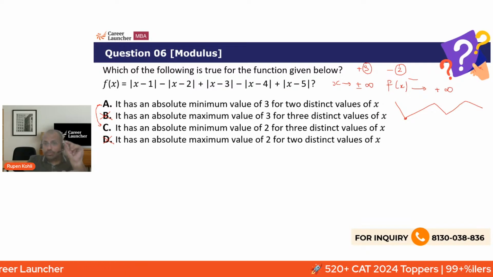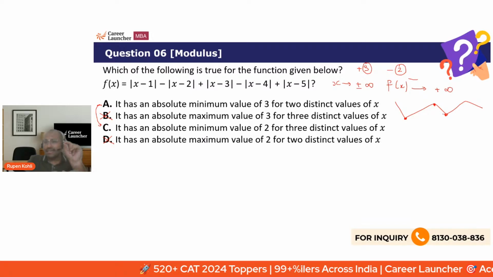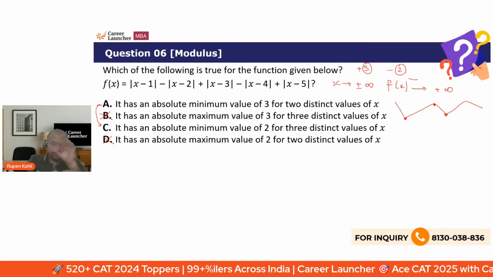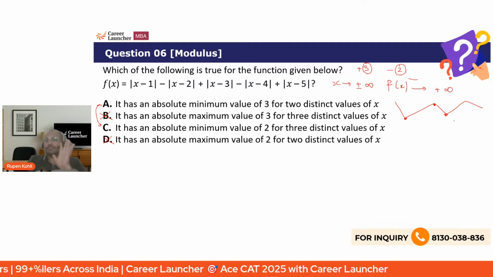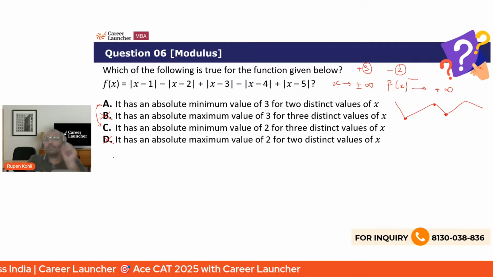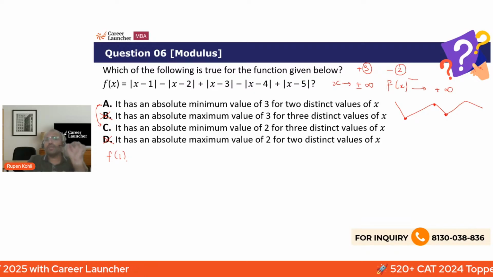So at those points the graph will change its direction abruptly, and there we have the possibility of getting maxima or minima. So we have to simply do one thing, repeat a process 5 times, find the value of f(1), f(2), f(3), f(4), f(5).